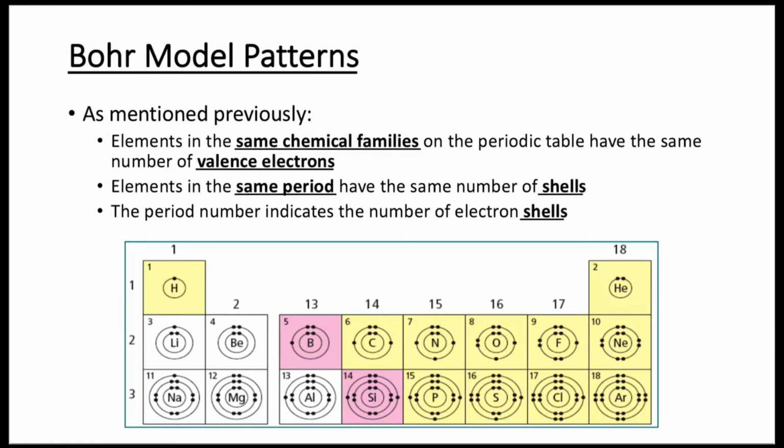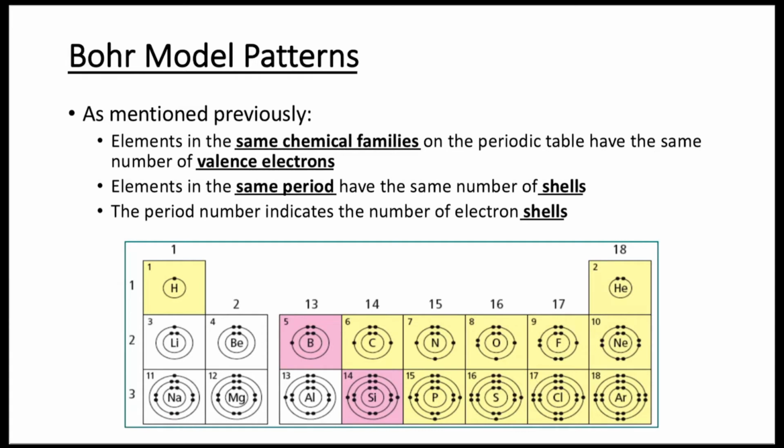Moving over to the alkaline earth metals, which is number 2, you'll notice that each of the 2 shells shown, so beryllium and magnesium, both have 2 valence electrons. And then if you're looking at group 13, boron and aluminum have 3 valence electrons. Family 14, carbon and silicon, have 4 valence electrons.